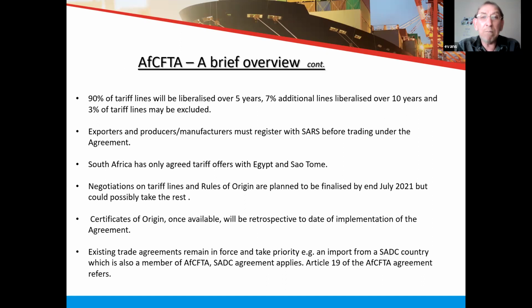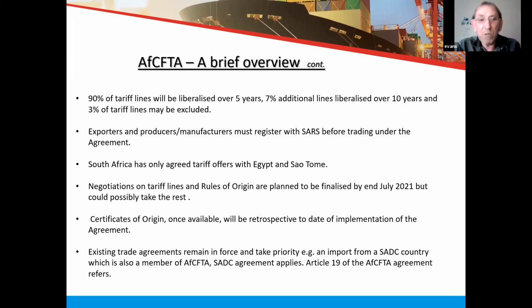Now, I heard the other day that Egypt is actually reviewing some of the tariff lines that they've offered, and there might be some amendments taking place. I'm not 100% sure. I haven't seen anything official on that yet. But as it stands, South Africa can only trade with Egypt and Sao Tome as far as reduction in duties goes, because we've agreed tariff offers.